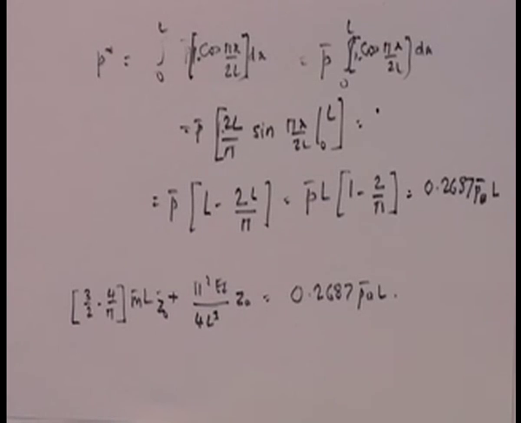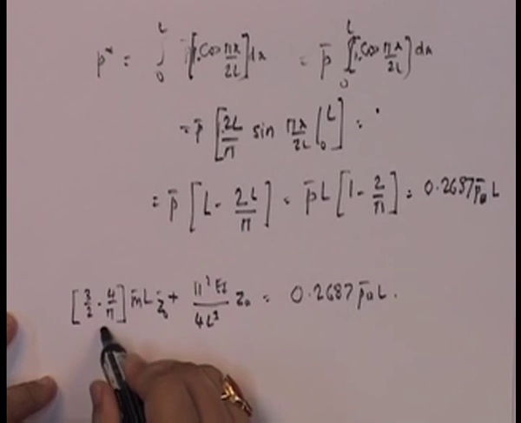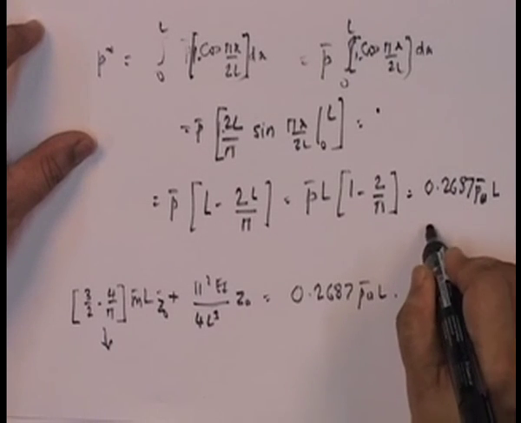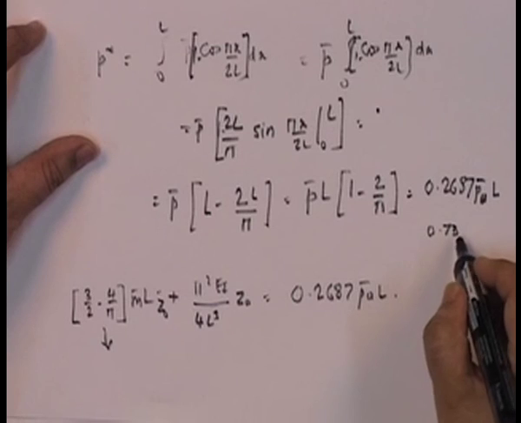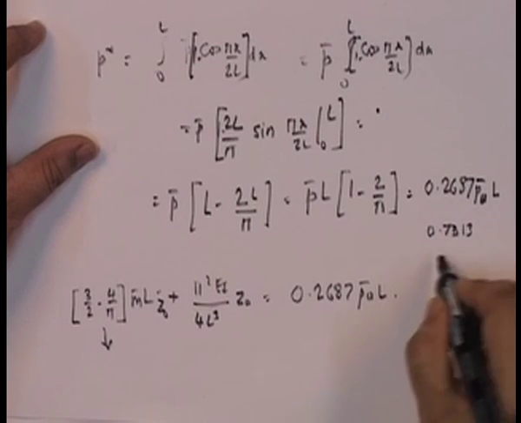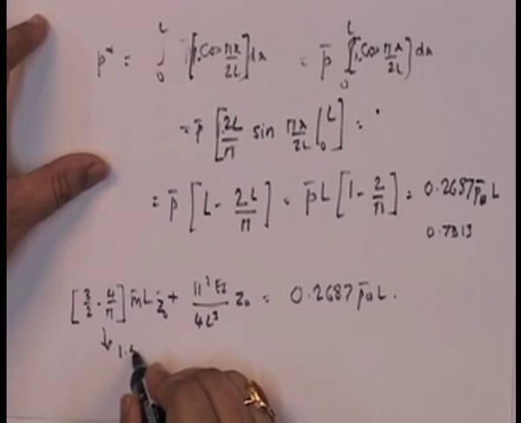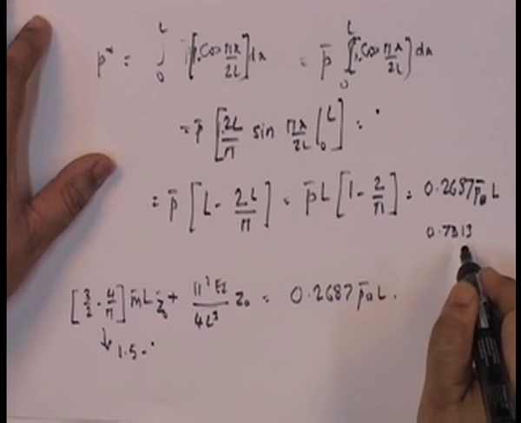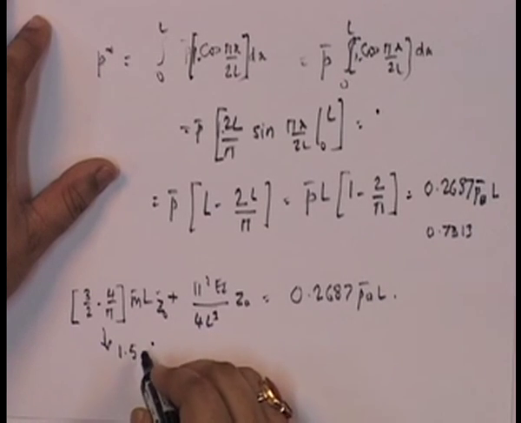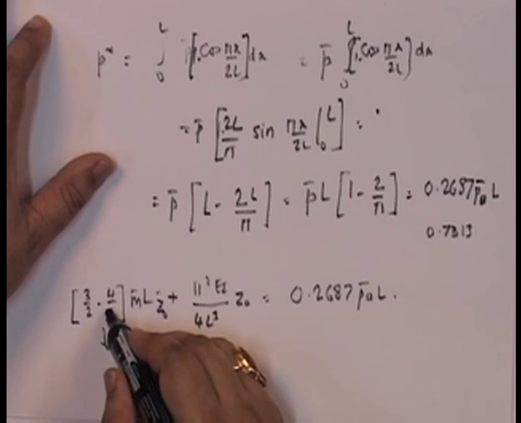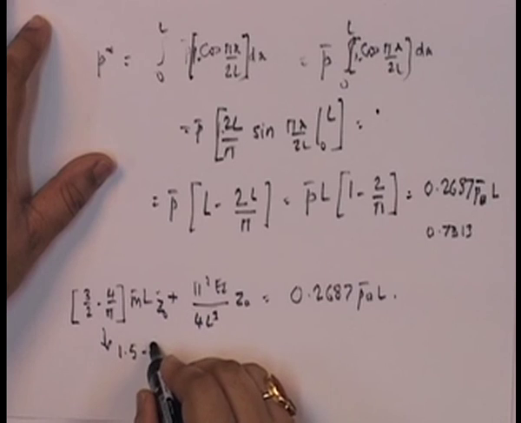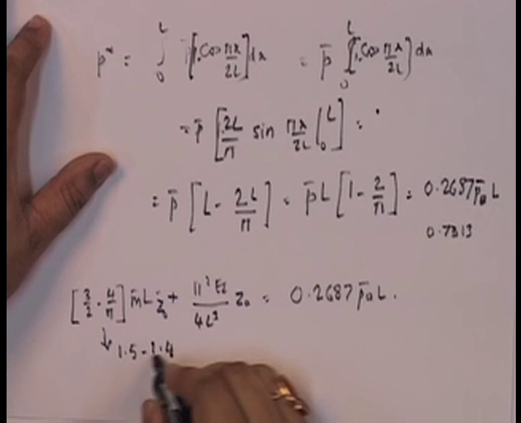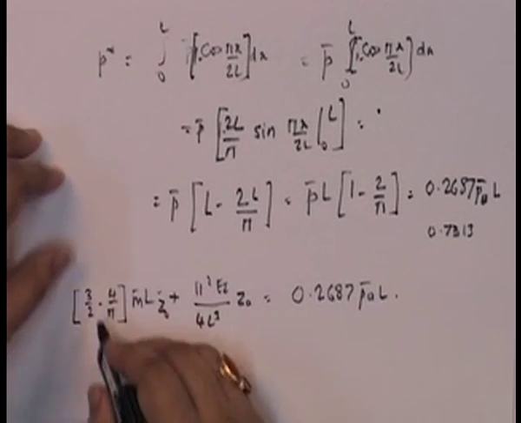So, this essentially becomes 0.7313, so this becomes 1.5 minus 2 times 4 upon pi, so this becomes 1.4. Okay. We will do this later. I'll get you exact values for this.